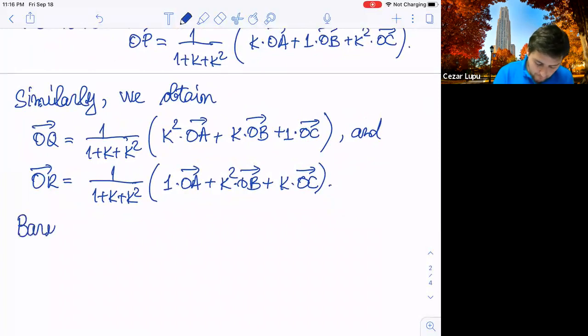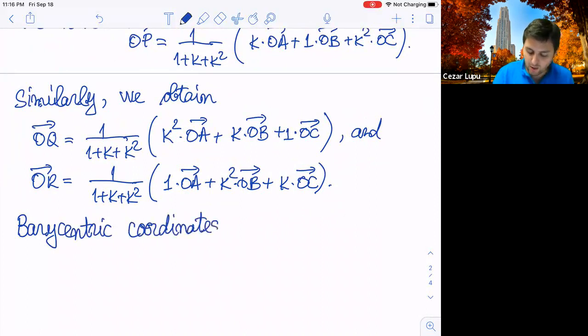Barycentric coordinates. So instead of me going all the way with vectors, I'll avoid them. I'll stop here because, like I said, I don't want to go into messy computations. I don't like to do that. I want to do something that's faster and smarter. So what I would like to do is introduce the barycentric coordinates.